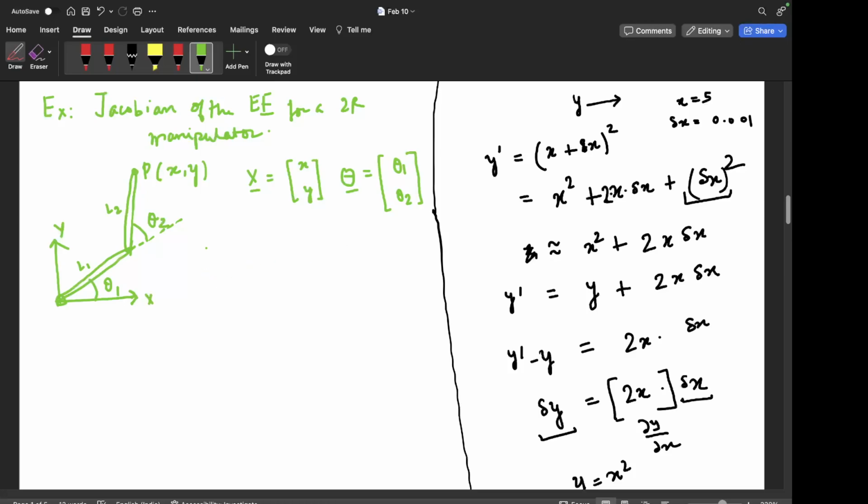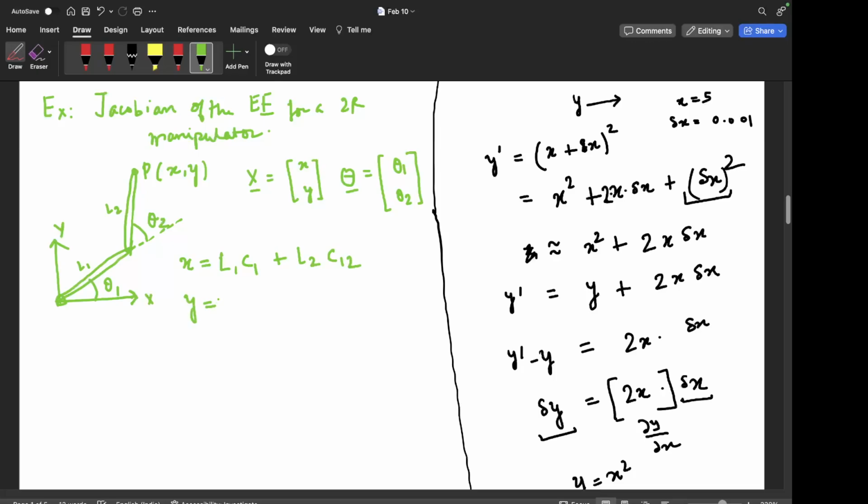So we have also seen the relation between the position of the end effector, basically the expression of the position of the end effector in terms of L1, L2 and theta 1, theta 2. So I will write it directly now. So x is L1 C1, and this notation also is familiar, that C1 is cos theta 1, S1 is sin theta 1, right? C12 is cos of theta 1 plus theta 2 and so on. So x is L1 C1 plus L2 cos of theta 1 plus theta 2.